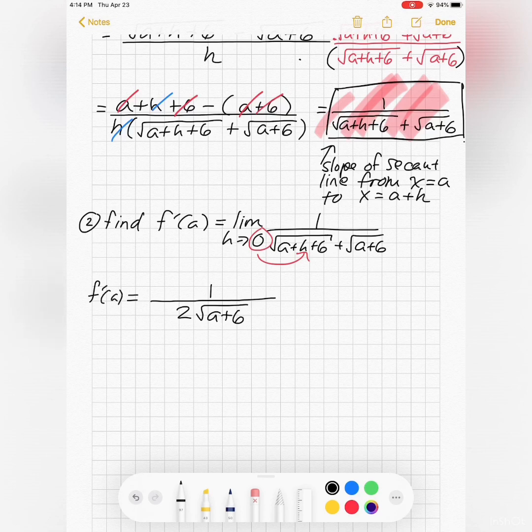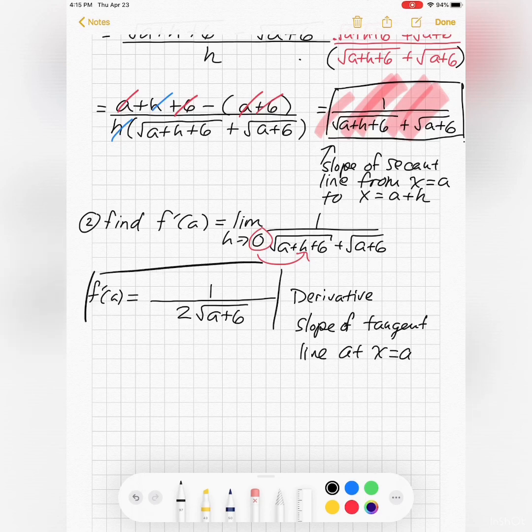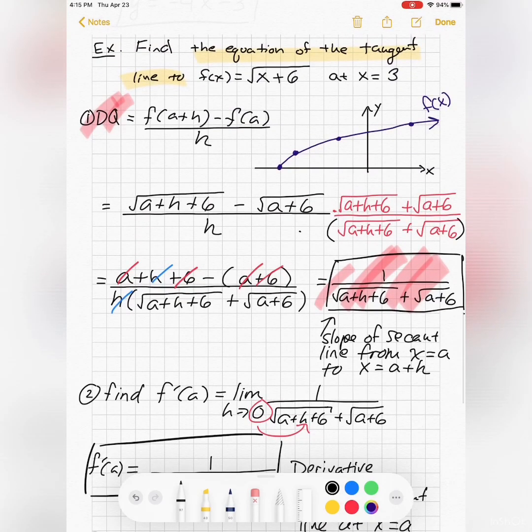So this is f prime of a. So this is the derivative, or in other words, the slope of the tangent line at x equals a. Okay, now I have to plug in my number. So I have to get f prime of 3.